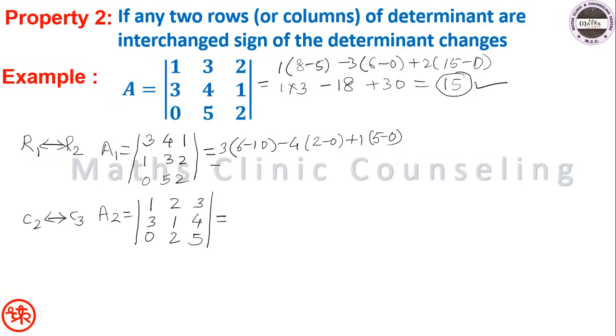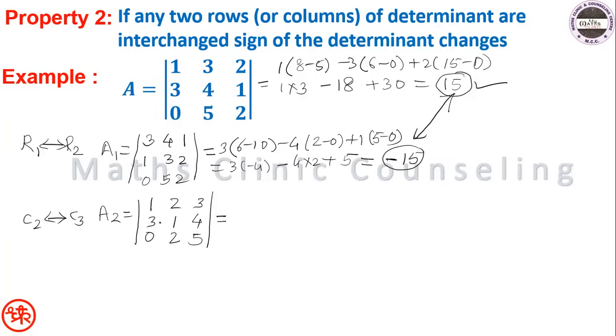So it is equal to 3 into minus 4, minus 4 into 2, plus 5. Is that clear? And so it is equal to minus 12 minus 8, minus 20, plus 5, minus 15. Did you find any change? Look here. The value remains the same, only the sign changes.